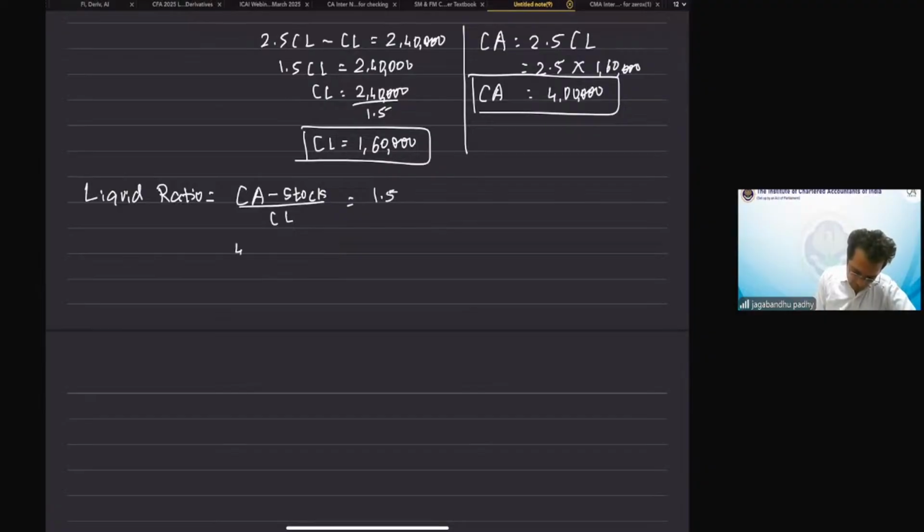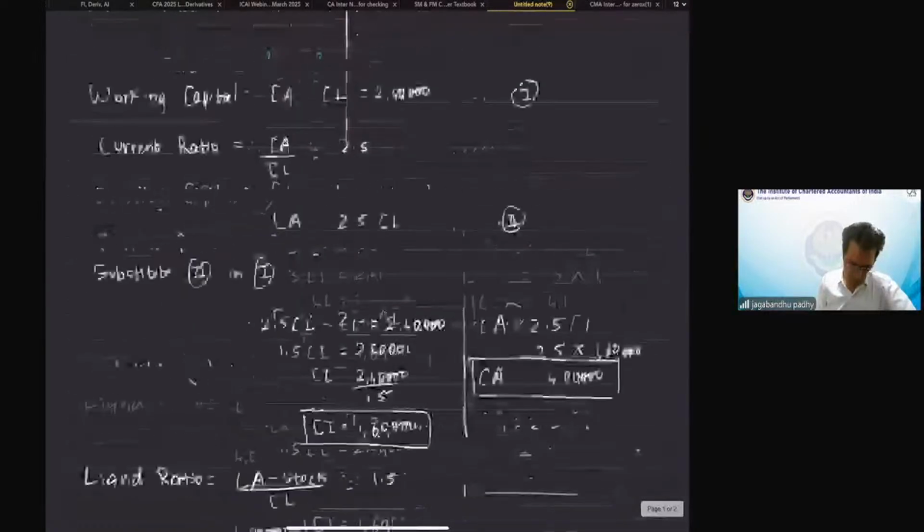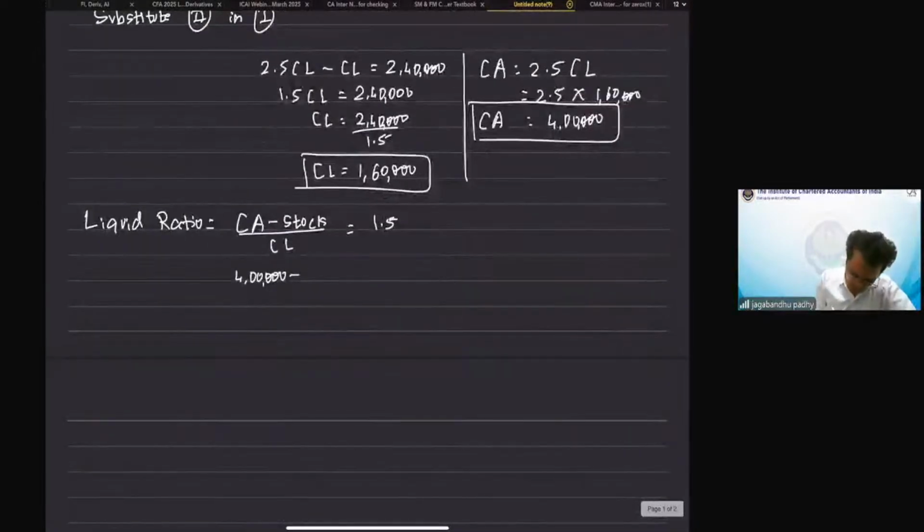We have current asset as 4 lakh minus stock, whose value is something that we don't know and need to compute, upon the value of current liability 1,60,000, is 1.5.